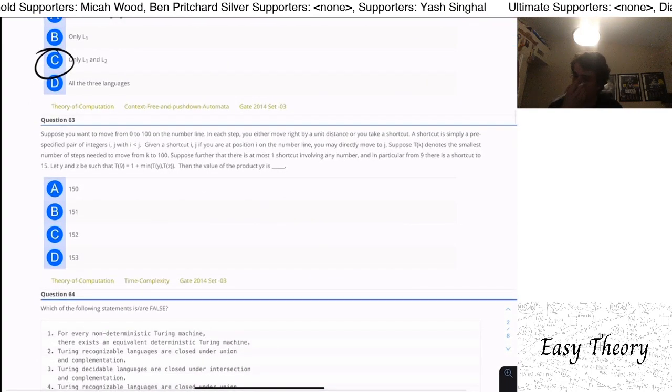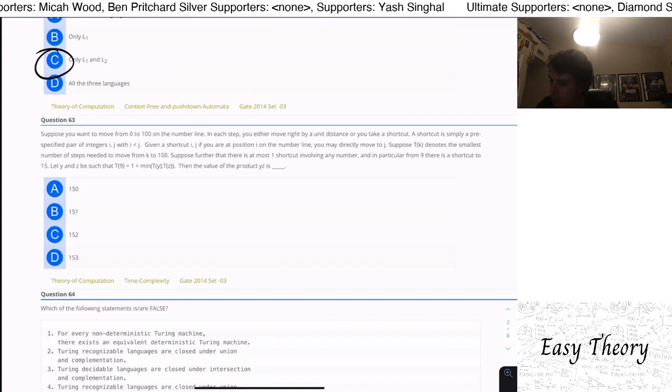So suppose you want to move from 0 to 100 on the number line. Each step you move right by a unit distance, or you take a shortcut. The shortcut is specified by 2 integers. You are at position I, you go to position J. T K is the smallest number of steps needed to go from K to 100. There's at most one shortcut involving any number, and in particular from 9, there's a shortcut to 15.